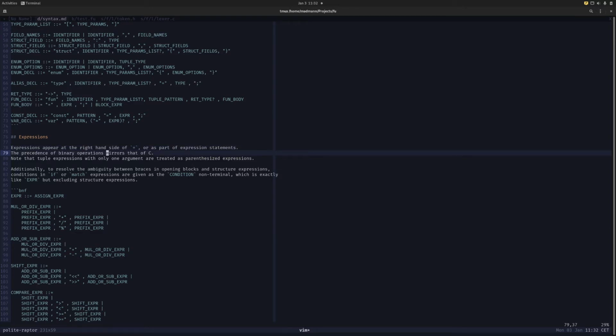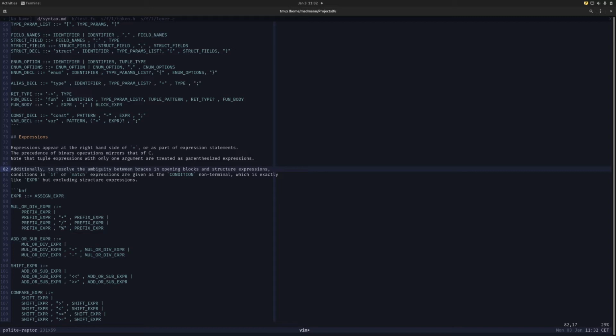The idea here is that I've mirrored the precedence of binary operations in C so that people are not too annoyed by a different convention. And that's also, I think, the convention used by many languages anyway, so it really makes sense to follow that. The important thing here is that if you have a tuple expression or a tuple type or a tuple pattern which has only one argument, you treat it as a parenthesized expression, otherwise you have problems.